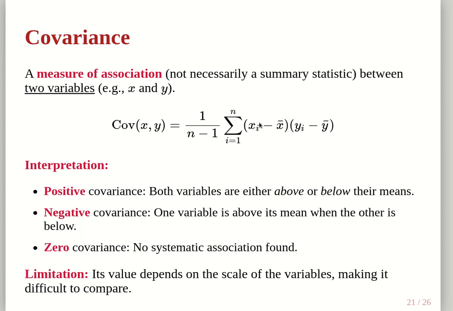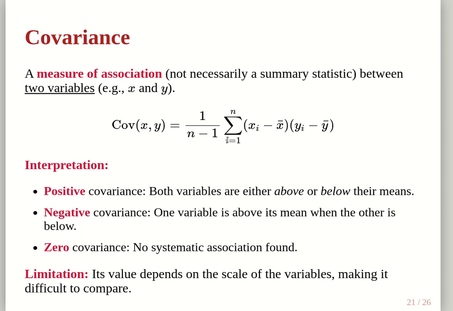And I do the same thing. I look at how their specific value of variable x differs from the mean of x, and how their specific or individual value of y differs from the mean of y. And then again, depending on whether this is a positive or a negative difference, and whether this is also a positive or negative difference, I'm going to get some number that is either positive or negative, and it's going to get added together across my entire sample.